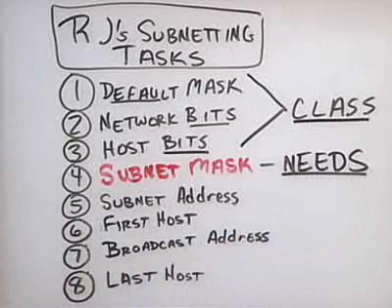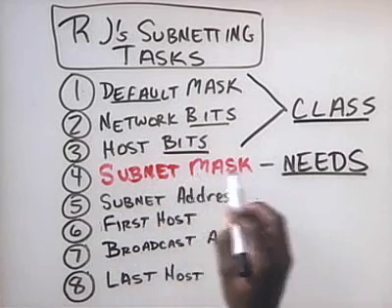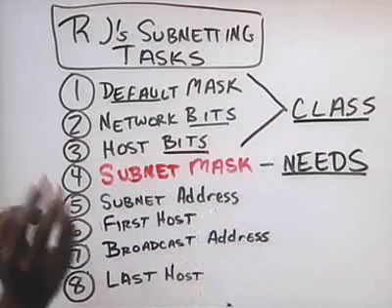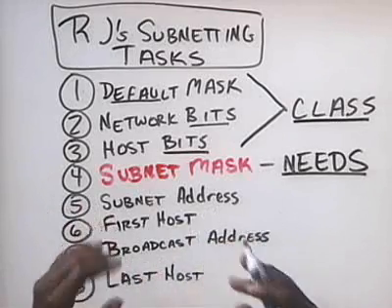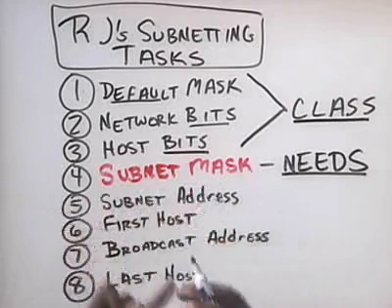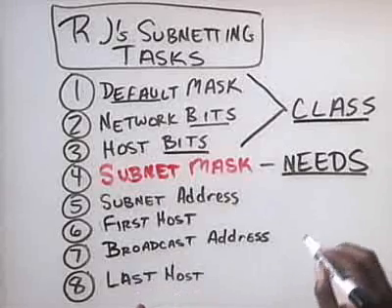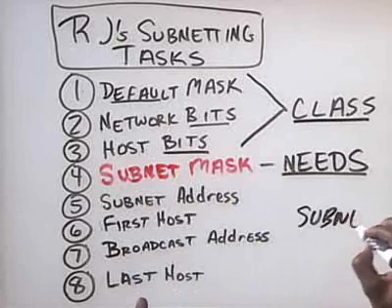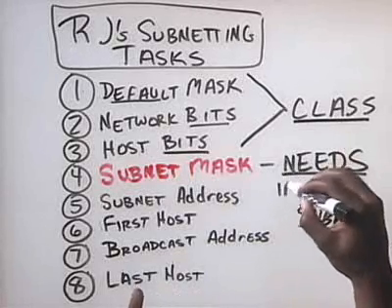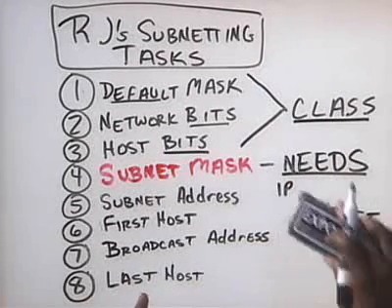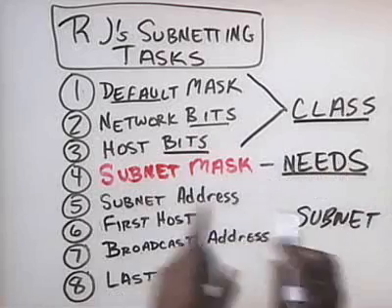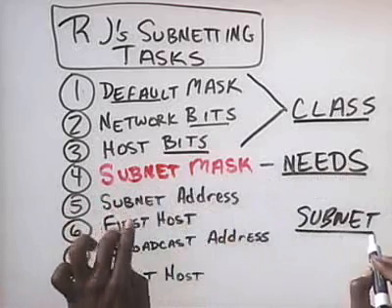The fifth rule here is the subnet address. Notice the subnet mask and the subnet address are two entirely different things. Oftentimes in my classes, students will refer to the subnet mask as the subnet. They say, well, what's the subnet? You know, there's an IP address and then there's the subnet. No, the reality is the subnet mask is different from the subnet.